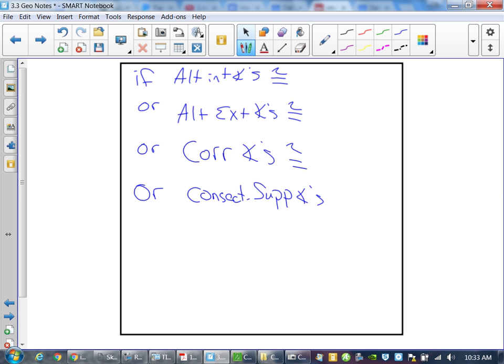If one of those four happens, then you can say that your lines are parallel. Just like if our lines were parallel, one of those four things happen. Well, we can do the other, we can go the opposite. If one of the four things happen, then lines are parallel. Okay?